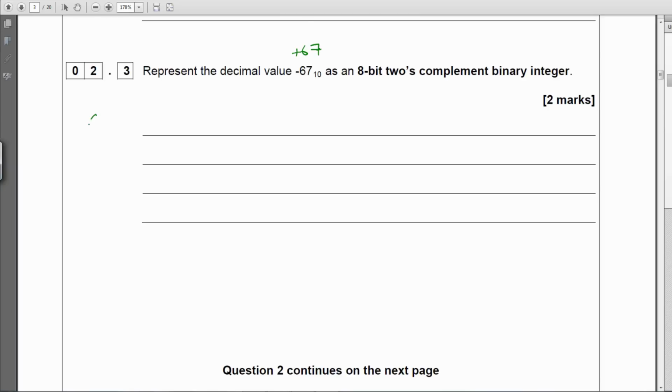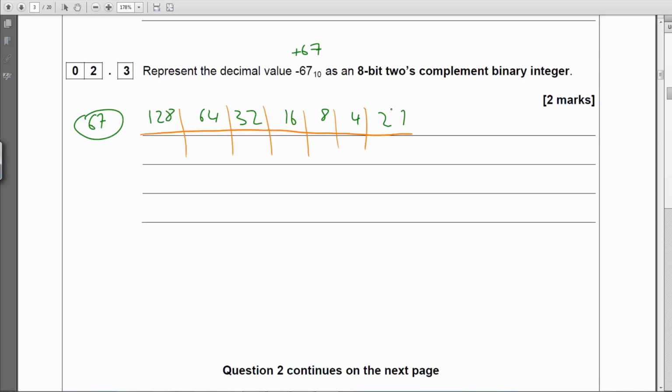So if we work out what 67 is using the same kind of methods, it's 8 bits, so it's going to be 128, 64, 32, 16, 8, 4, 2, 1. That's our column headings, and we draw our lines in. So we're trying to represent plus 67 here. Technically the far left bit, which is called the most significant bit, this is the least significant bit, is now a sign bit.